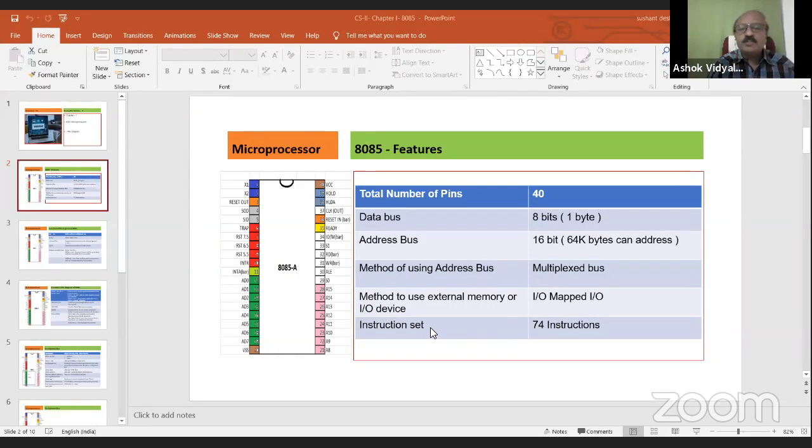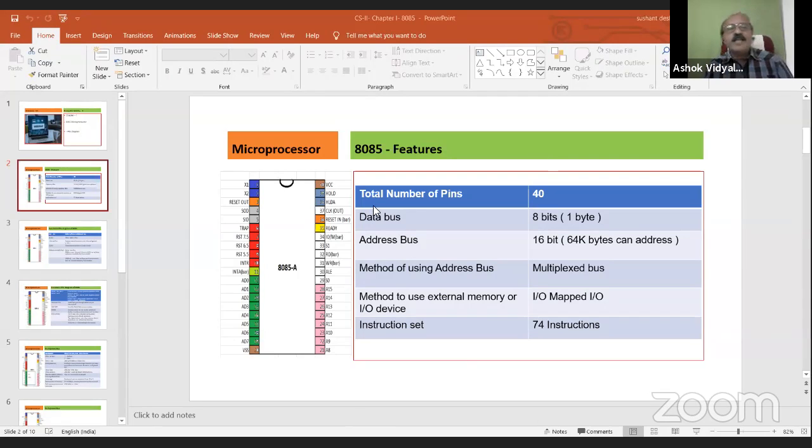And the total instruction set, the commands which can be given to 8085, is 74 instructions. So this is in brief. If anybody asks you what you know about 8085, then these are, in a nutshell, the features of the 8085 microprocessor in terms of number of pins, number of instructions, data bus, address bus, and the methodology of addressing the bus.